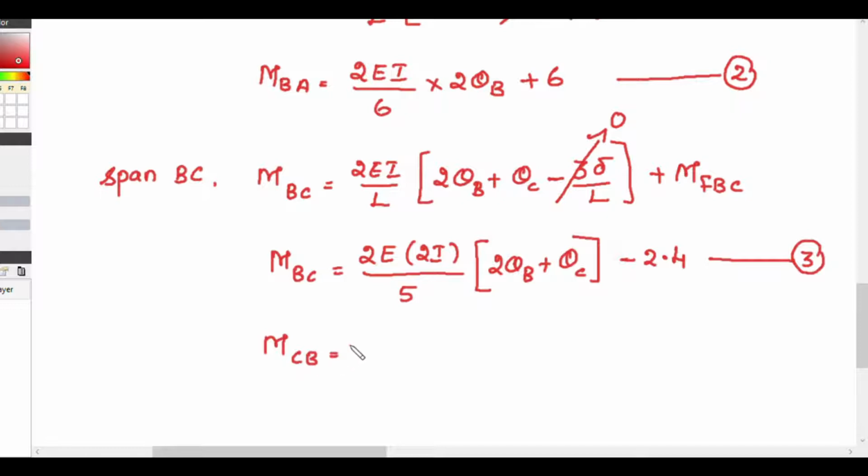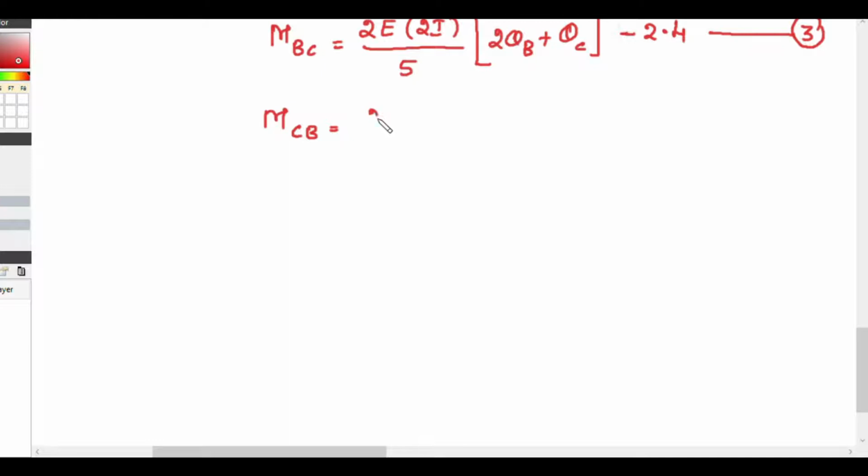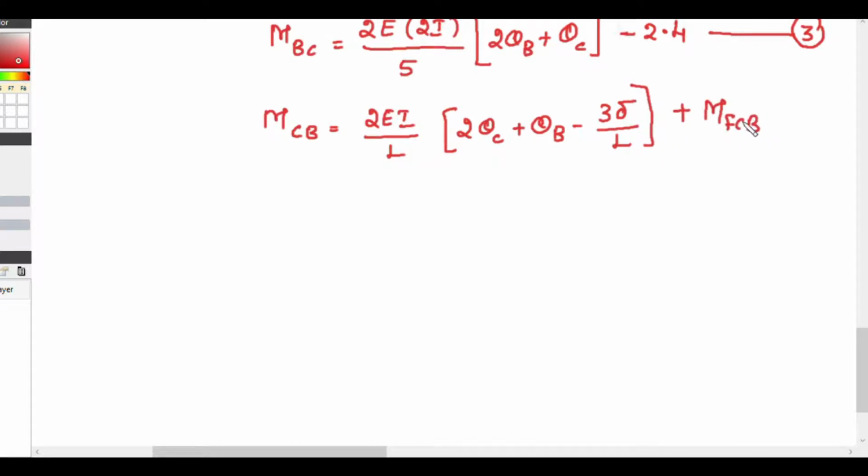Now MCB is equal to 2EI by L into 2 theta C plus theta B minus 3 delta by L plus MFCB.